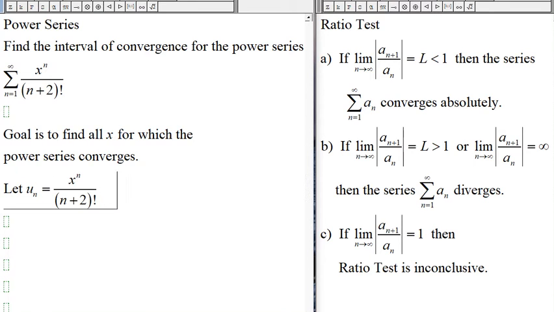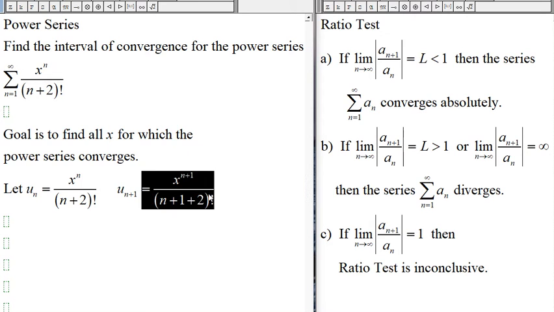And then we need to form u sub n plus 1. For u sub n plus 1, we just replace n with n plus 1. So replace this n right here with n plus 1, and then replace this n with n plus 1.